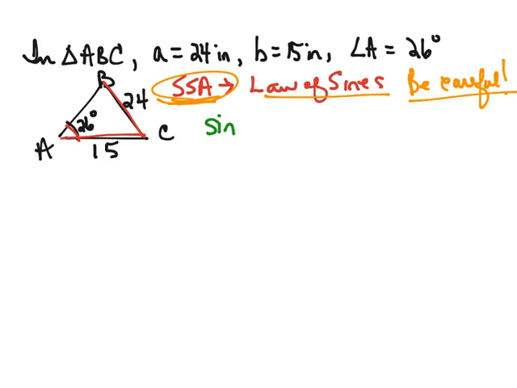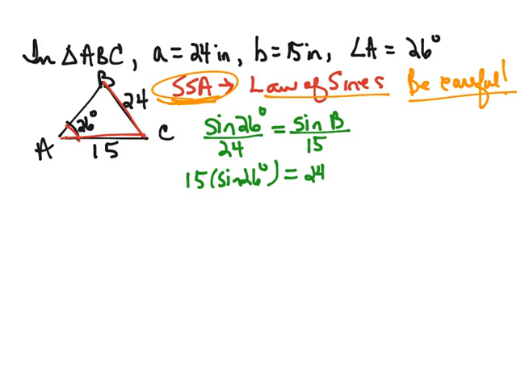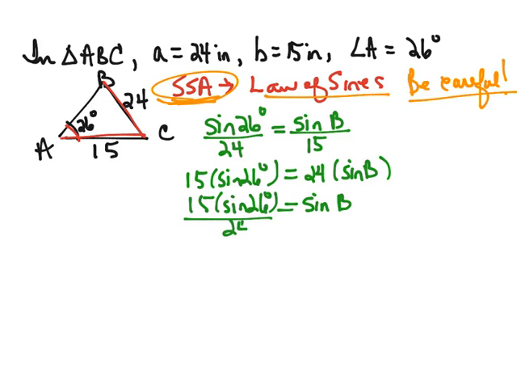I know that the sine of 26 degrees over 24 has to be equal to the sine of angle B over 15. So if we cross multiply, we'll have 15 times the sine of 26 degrees equals 24 times the sine of angle B. And so the sine of angle B is equal to 15 times the sine of 26 divided by 24.